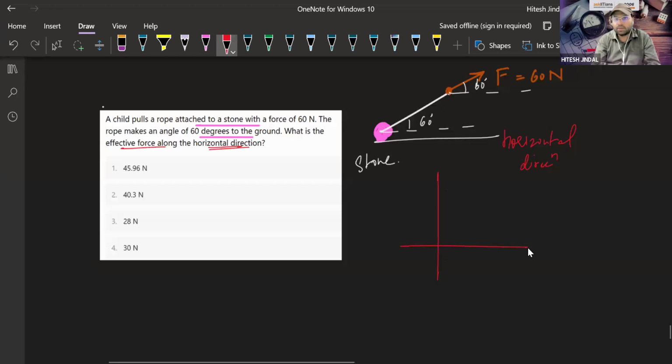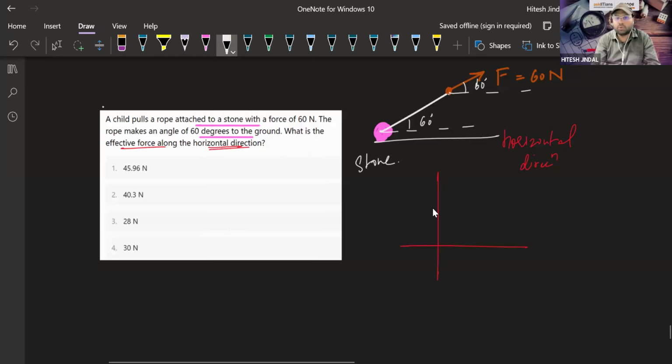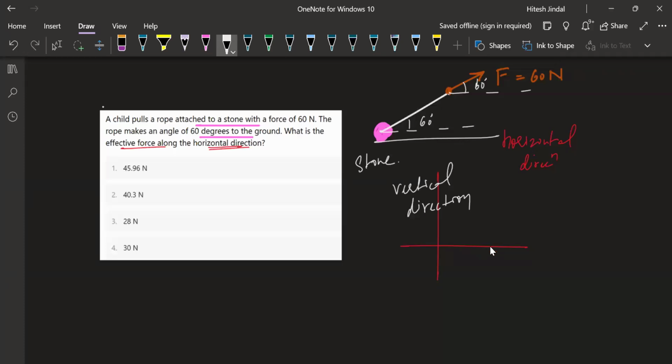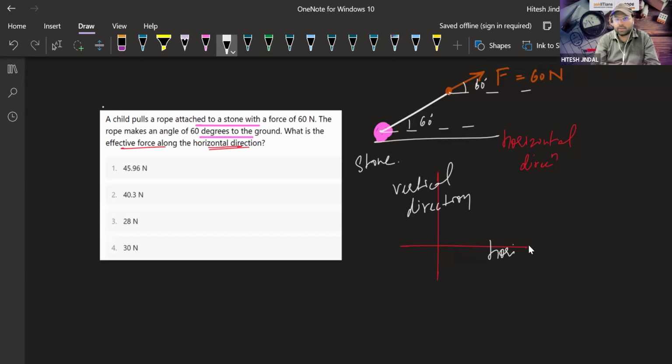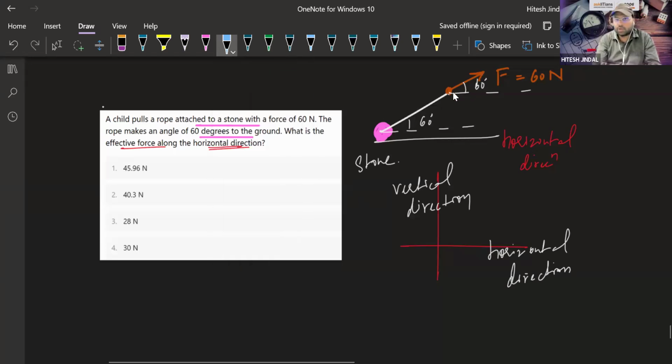You should be able to understand that this is vertical direction and this is horizontal direction. What is the effective force along horizontal direction? So it is asking us to find the component here.